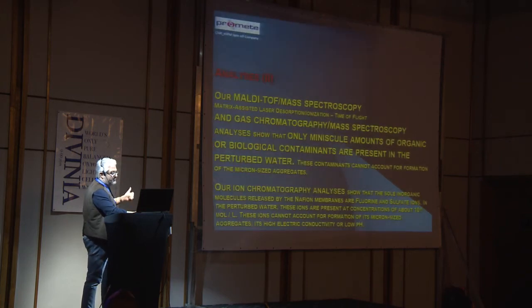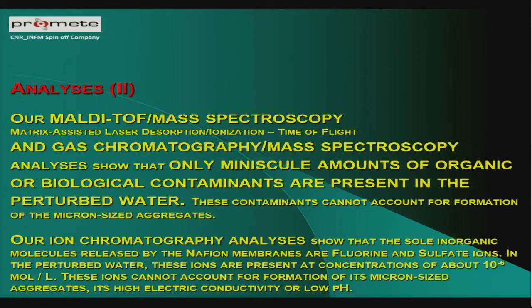In particular, with MALDI-TOF mass spectroscopy and gas chromatography mass spectroscopy, there are only minuscule amounts of organic or biological contaminants that cannot account for this behavior, and also for this large quantity of aggregates. In particular, ion chromatography analysis shows that the sole inorganic molecules released by the Nafion membranes are fluoride and sulfate ions. But these ions are present at a concentration of about 10⁻⁶ mol per liter. These ions cannot account for what we see.